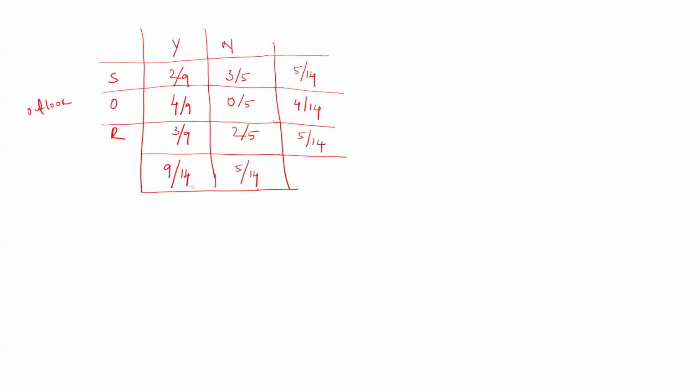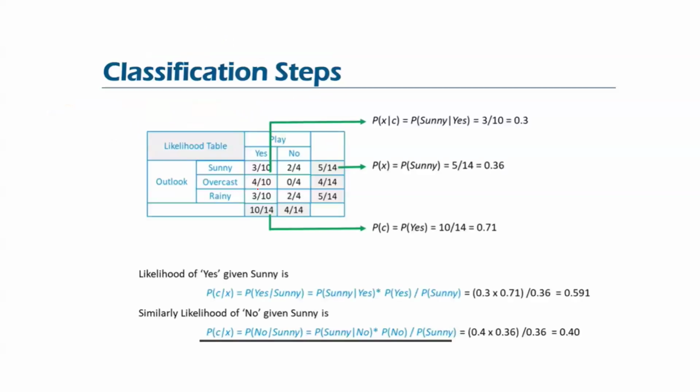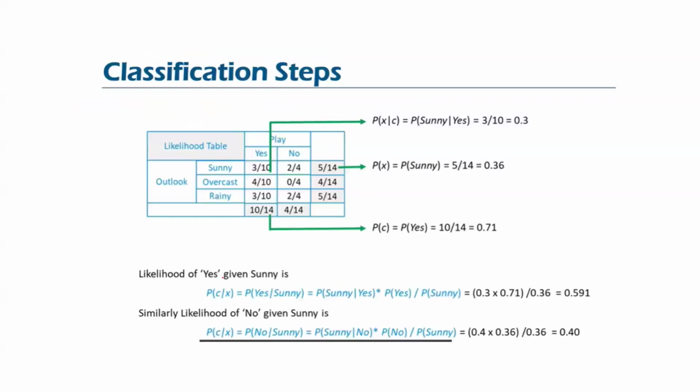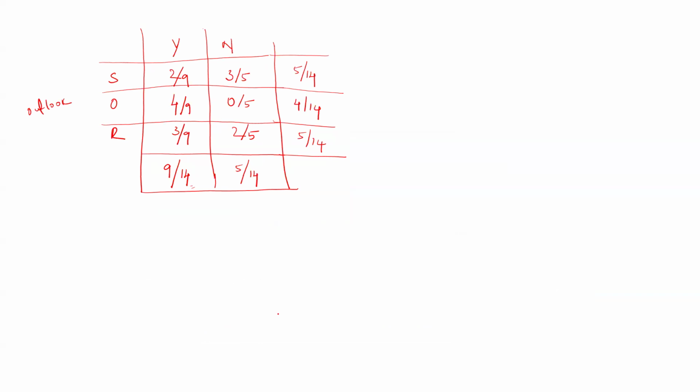Now, we have to find out the likelihood of yes given sunny, and similarly the likelihood of no given sunny. I'll explain this example, this table, clearly. So the remaining, you try to find out yourself. Now we have to find out the likelihood of yes given sunny.